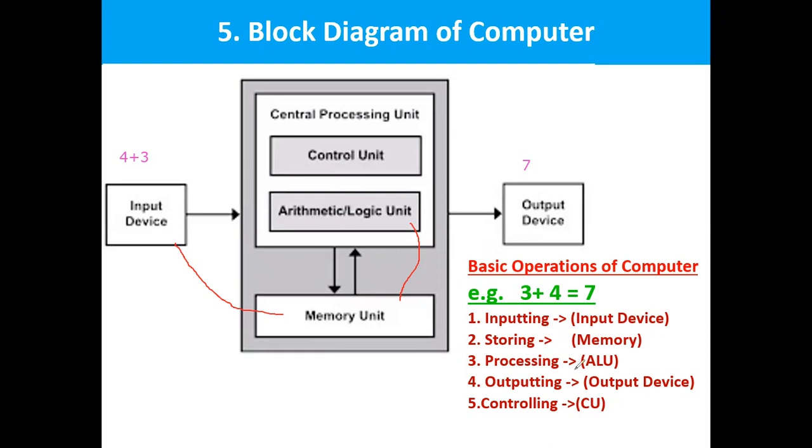Next one, processing: all the arithmetic and logic operations are implemented by the ALU. Next one, outputting: we display the result to the end user using the output devices. Then the CU is the control unit, which is monitoring and controlling all the four different functional units of the computer system.